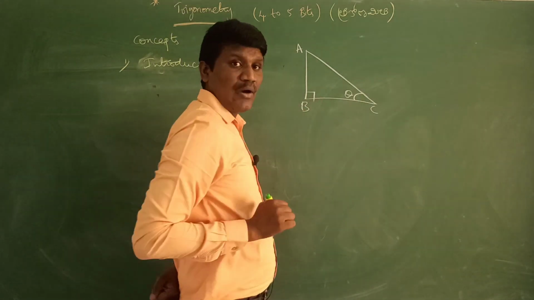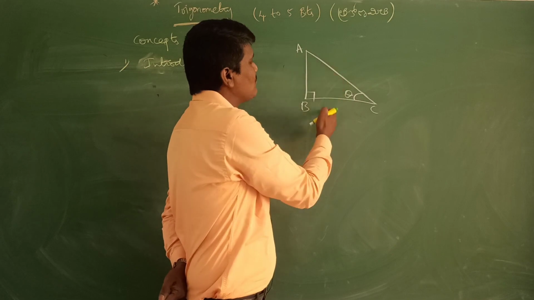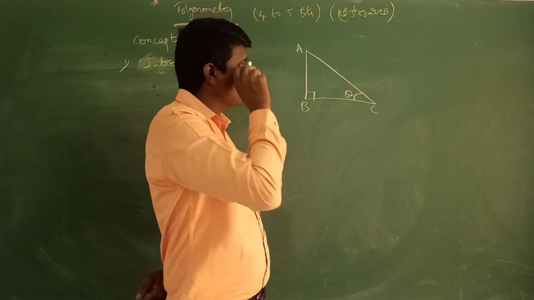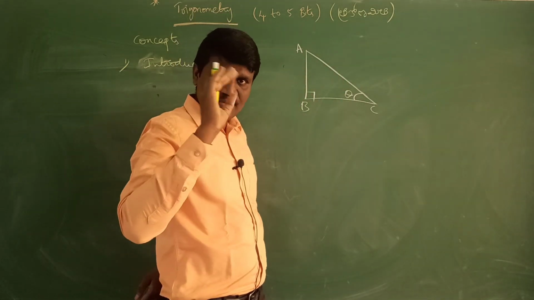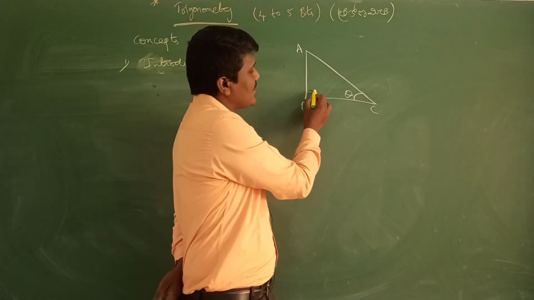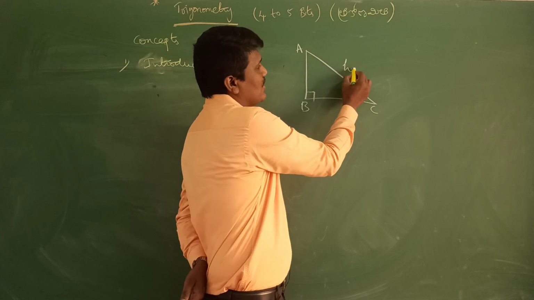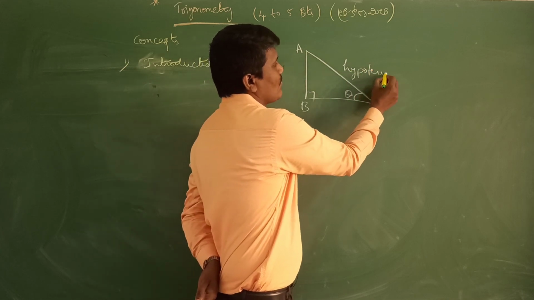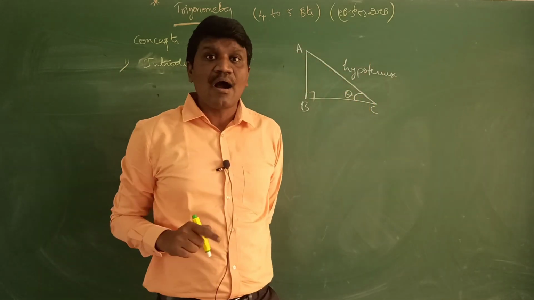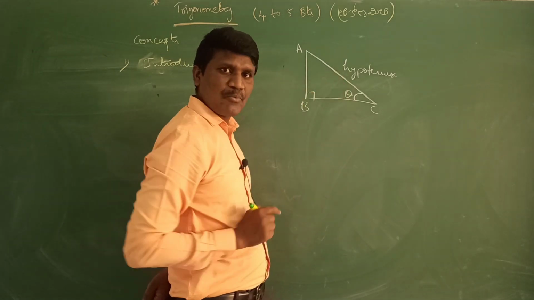Now the names of these sides are the most important. Always, the side opposite to the 90 degrees will be the hypotenuse. Opposite to the 90 degrees is the hypotenuse.